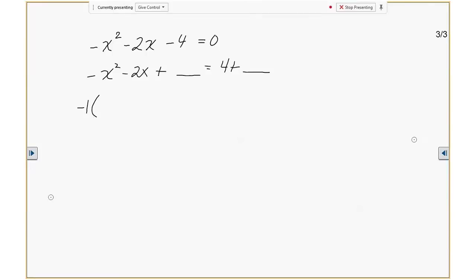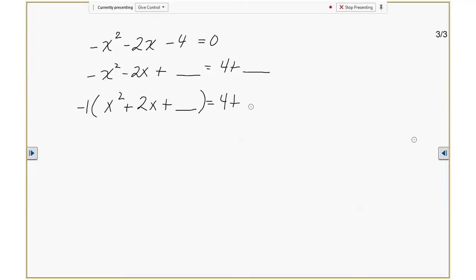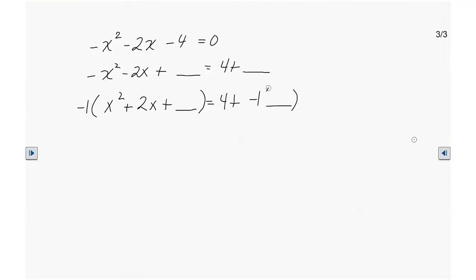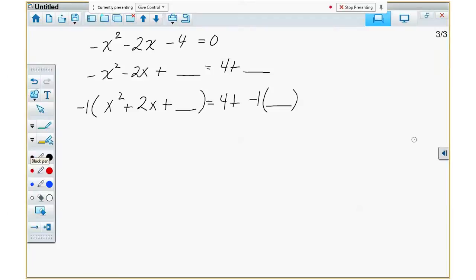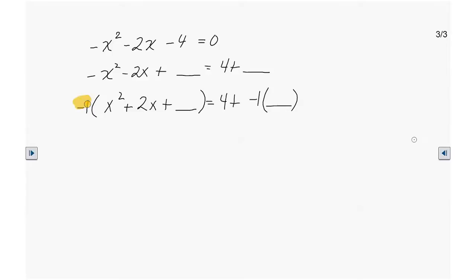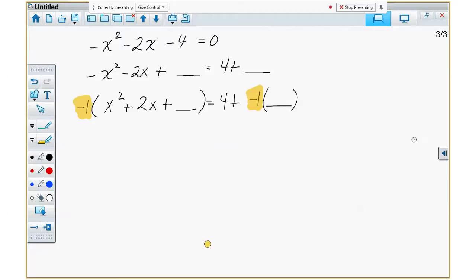And that's going to give you x squared plus 2x plus blank is equal to 4 plus negative 1 times blank. And remember from last week, whatever you factor out here, you have to multiply by that blank.